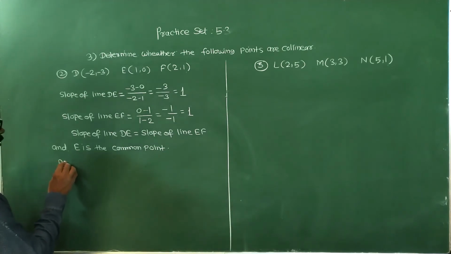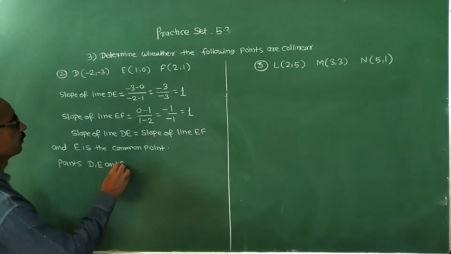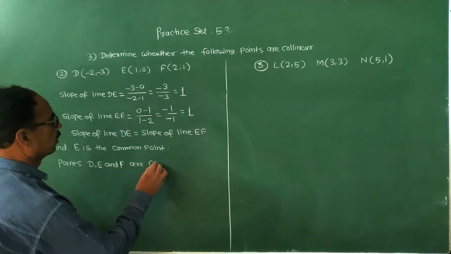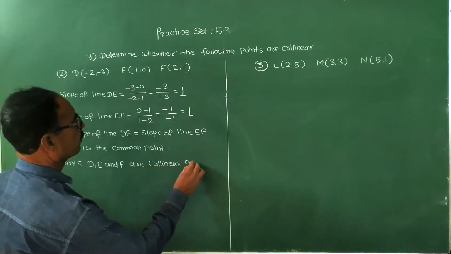So points D, E and F are collinear points.